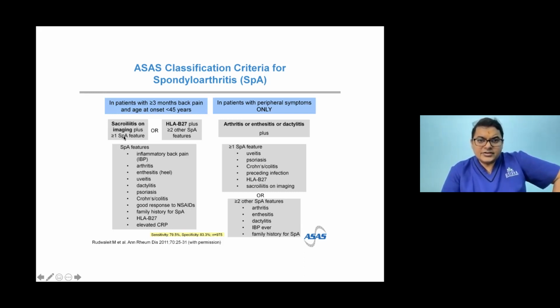So if it is seen on the X-ray or the MRI, you need only one of these. If not seen on the X-ray or MRI, or the gene test is positive, you need two or more of these.